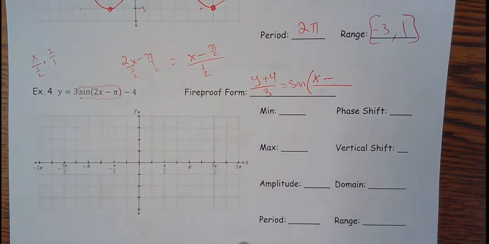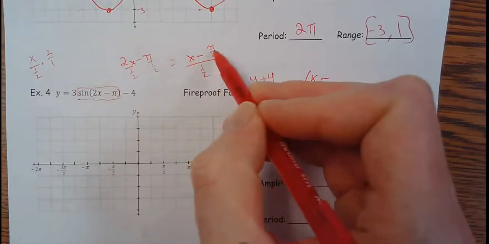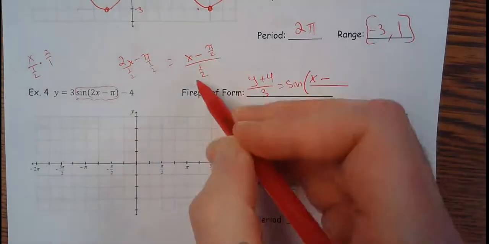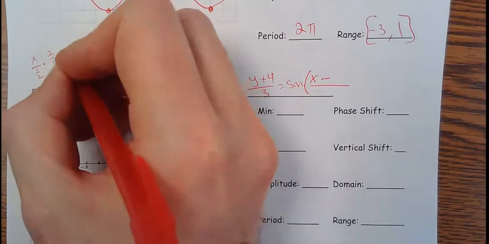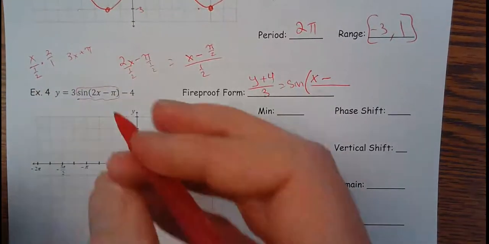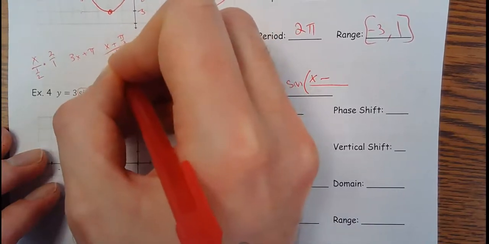Okay, so anytime you're dividing both of them by 2, take half of this, that's what this is, and then put 1/2 on the bottom. So you actually took half of each one, and the half is set on the bottom. So, for instance, if it was 3x plus pi, I would take 1/3 of both of those, so it would be x plus pi over 3, but then I'd put a 1/3 on the bottom.